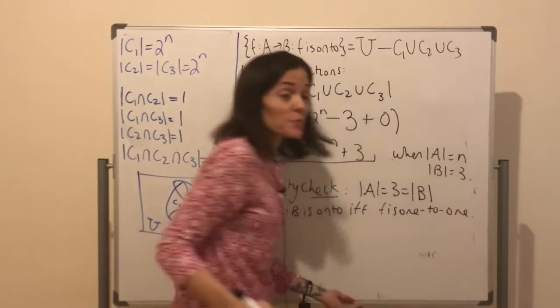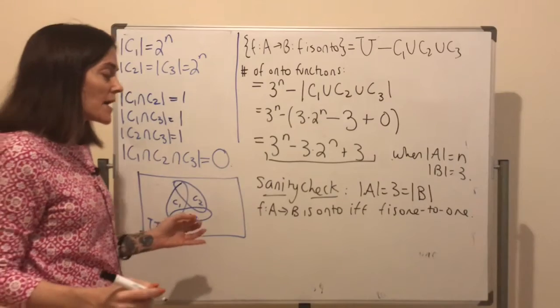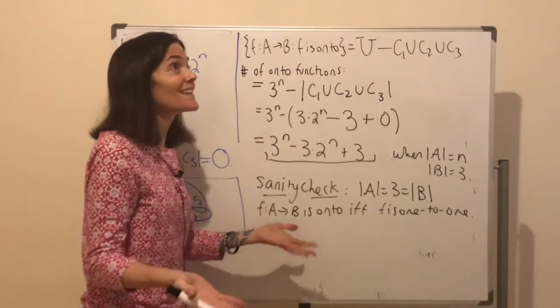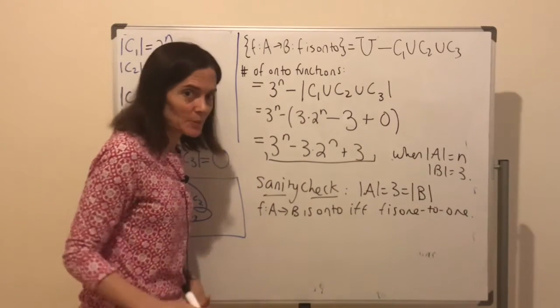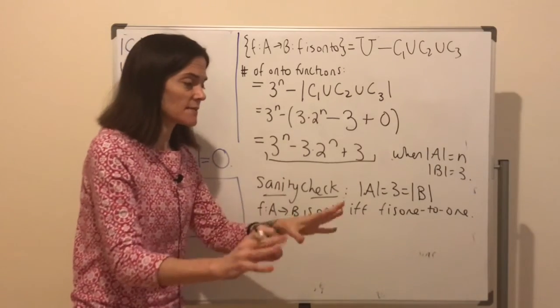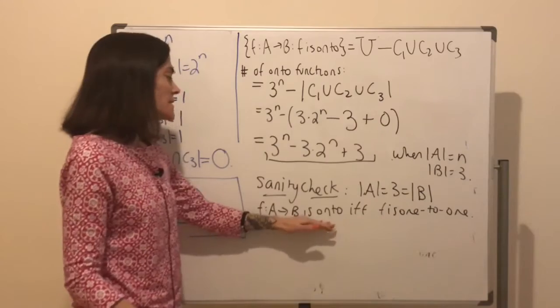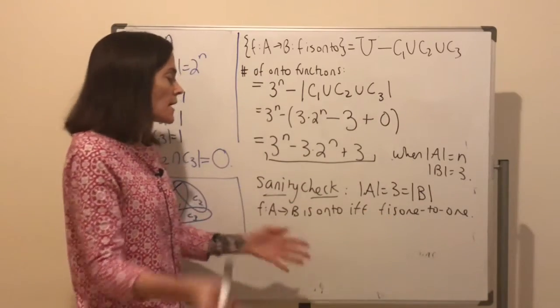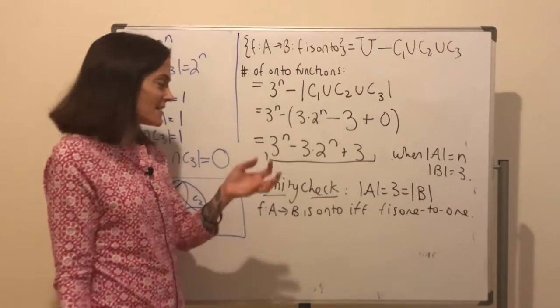I think I have that proved in one of my function videos from last semester. So it was like an example video. But in any case, this is true. If you have two sets of the same cardinality, knowing it's onto or 1 to 1 implies the other.